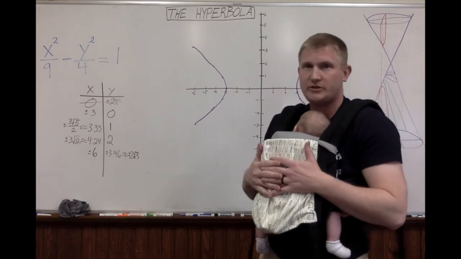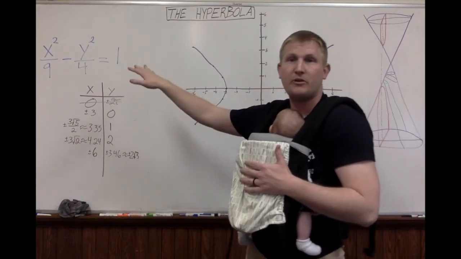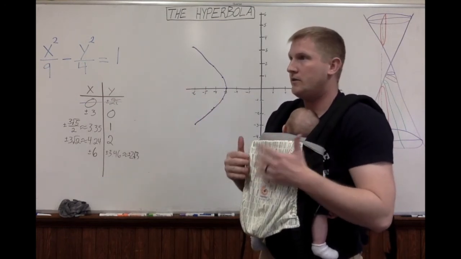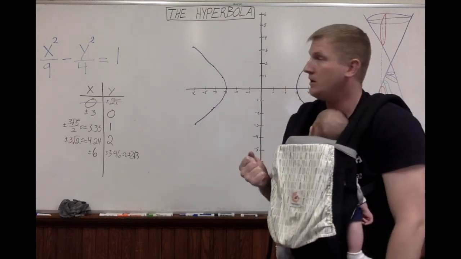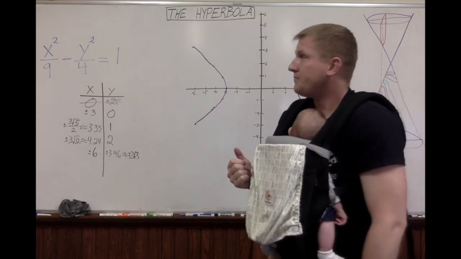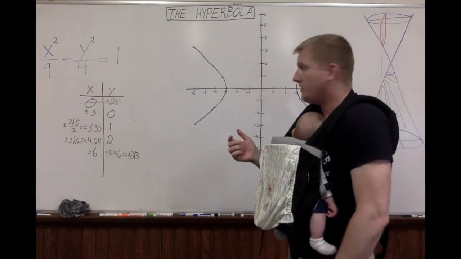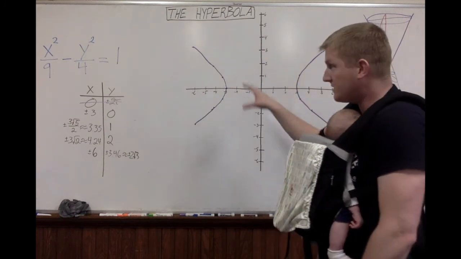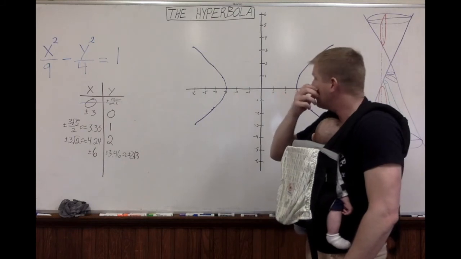But now the obvious question standing in our face is, what about the particular numbers that we picked, 9 and 4 as the denominators? Why did those numbers dictate what this looks like? I mean, at the very least, we can probably see that these 2 hyperbolas are on the x-axis, opening left and right rather than up and down.